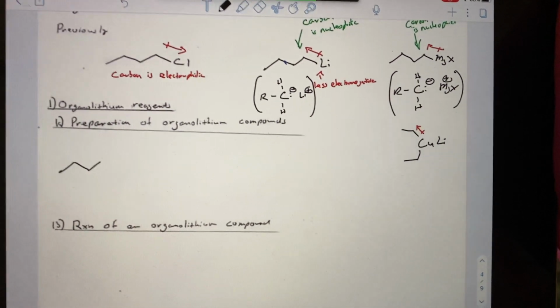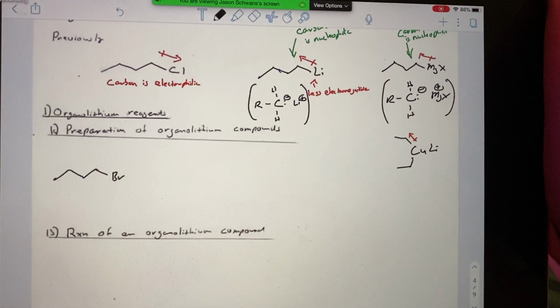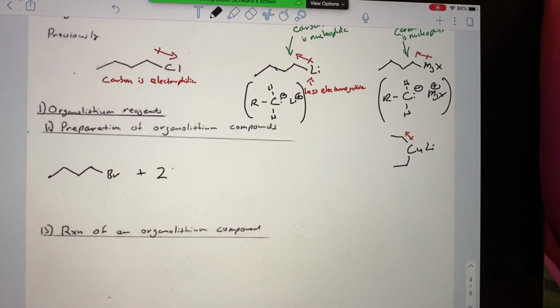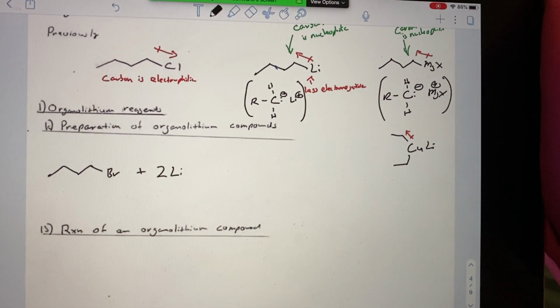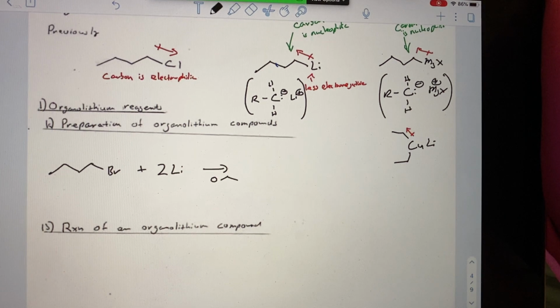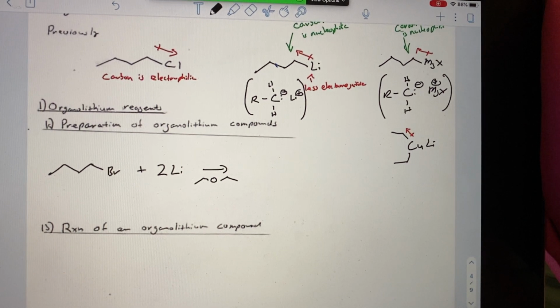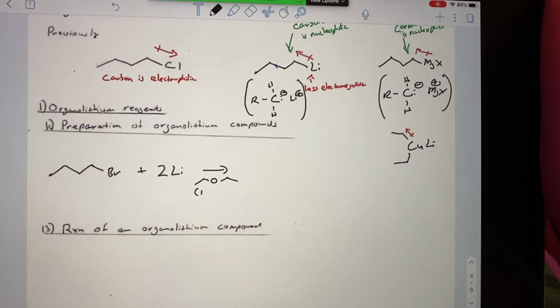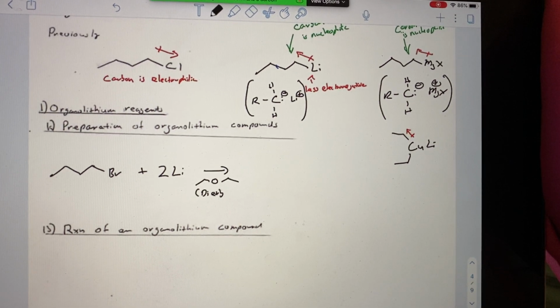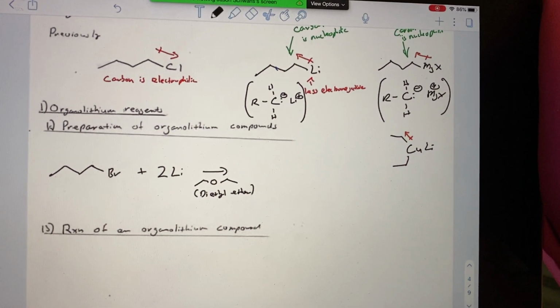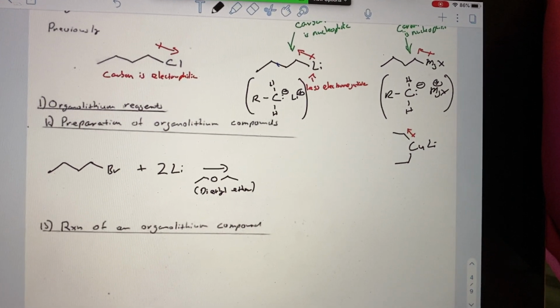So for an organolithium compound, we'll use some generic alkyl bromide. The way this is typically made is to take lithium, the actual metal. These are very reactive species, so we need a solvent that's not going to react. In the first semester, you would have seen diethyl ether, or just simply known as ether a lot of times, is the solvent.